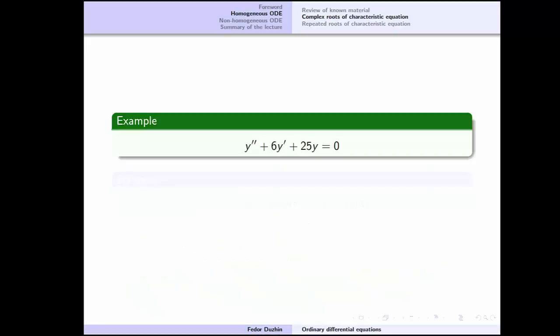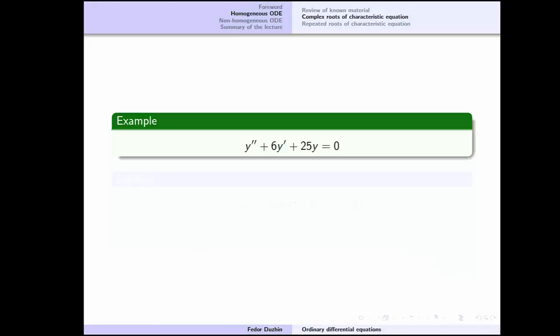Although it is a specific example, if you change the coefficients here, 6 and 25, to a, b, and c, in general coefficients, it's not going to affect the logic. Generally speaking, we are going to have the same thing in any situation when the discriminant of the characteristic equation is negative.